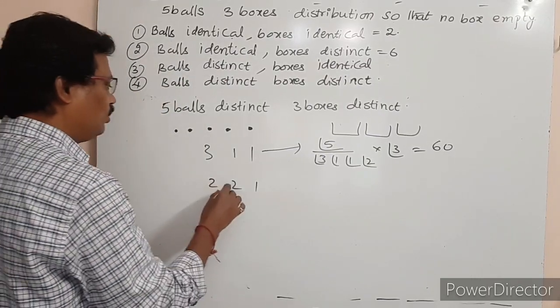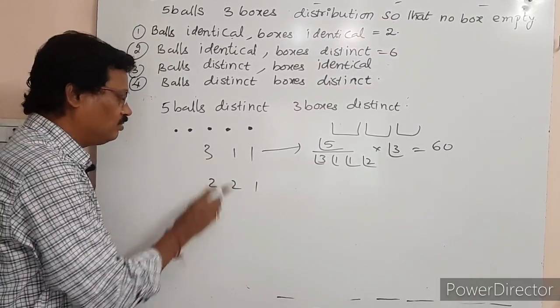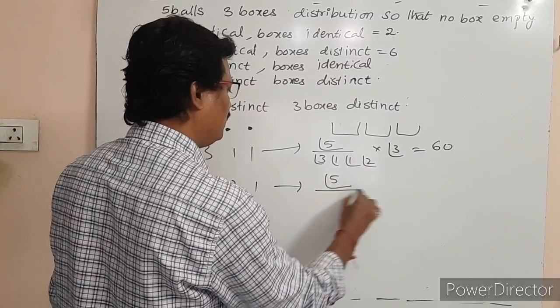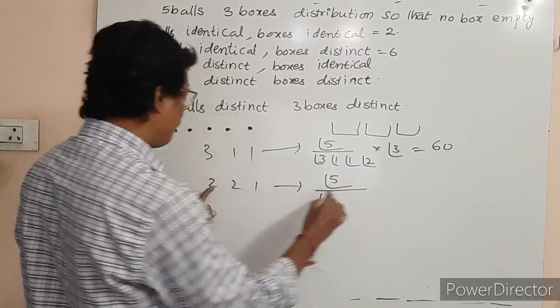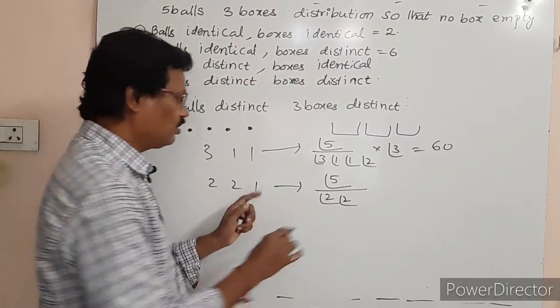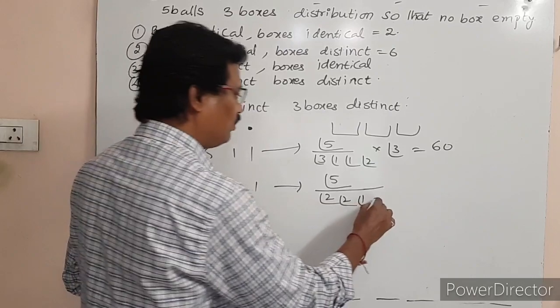And the next one, 2 2 1. 5 distinct balls divided into 3 groups containing the 2 balls, 2 balls, 1 ball. That is 5 distinct balls, 5 factorial by this group containing the 2 balls, this group containing the 2 balls, this group containing the 1 ball. And 2 groups with the same number, into 2 factorial.